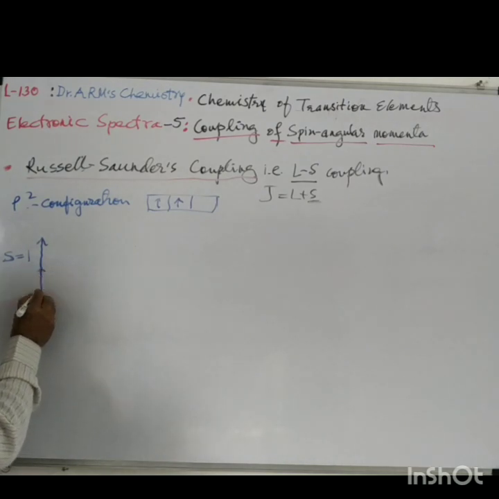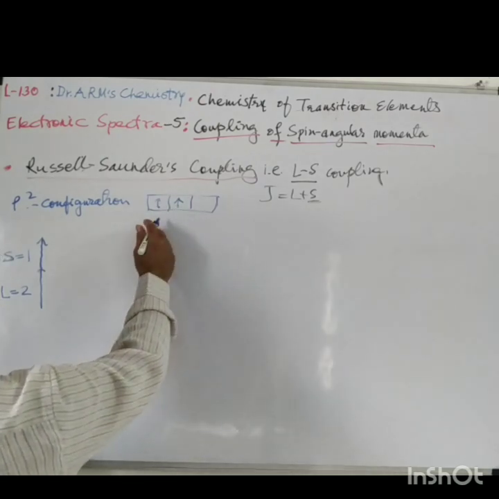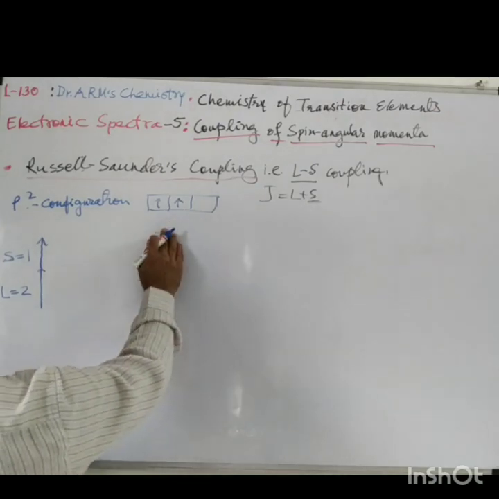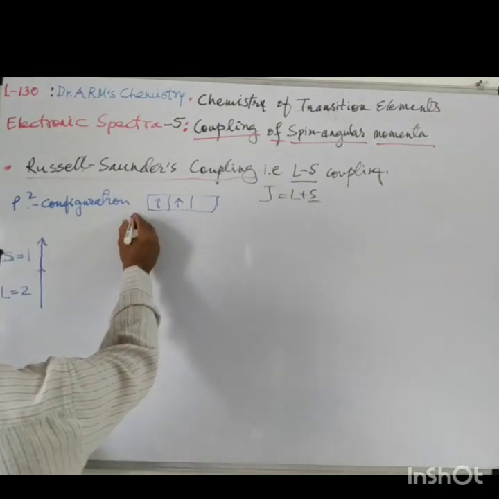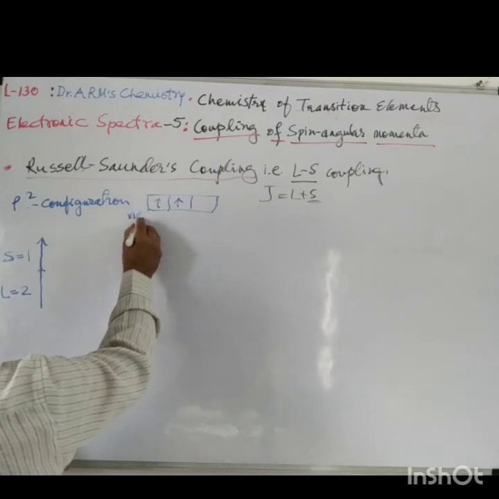When we have L value, then L is equal to 2. It means here there is a possibility like this, at this L value, or here we can have this ML value.